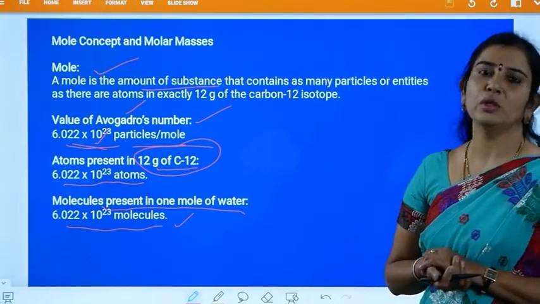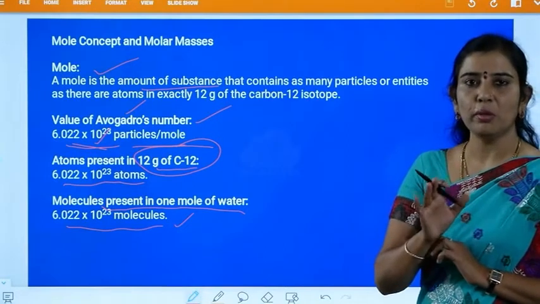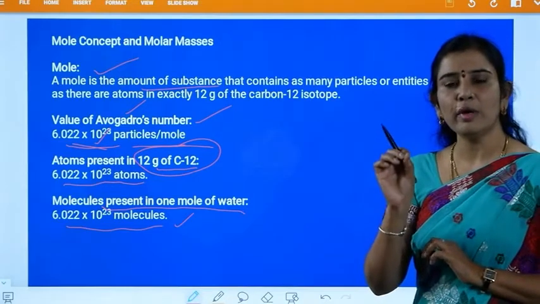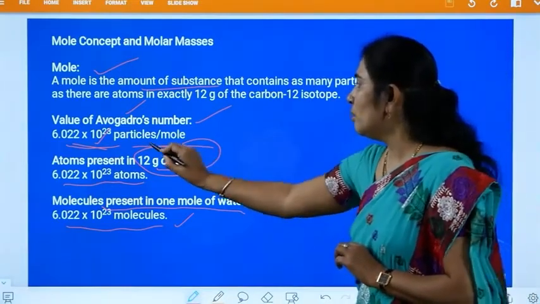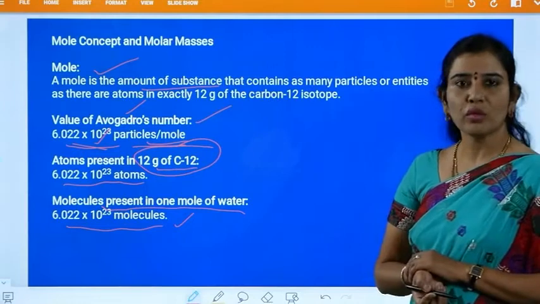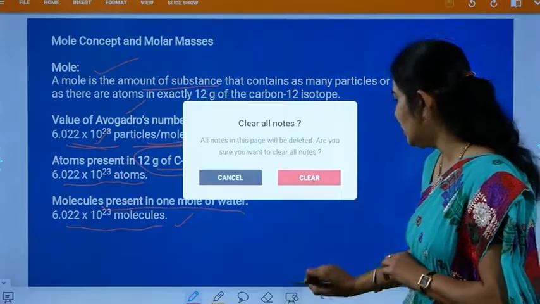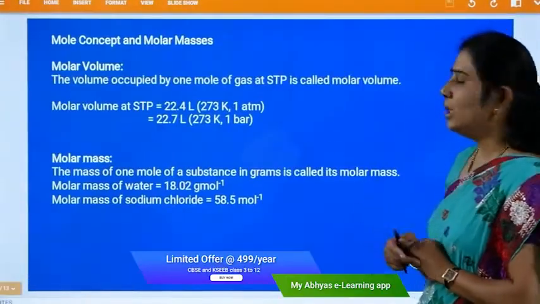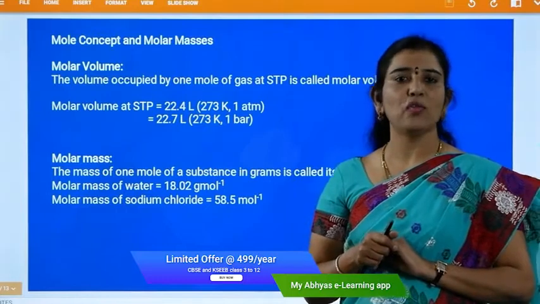So always remember, 1 mole means 6.022 × 10^23 particles per mole. So the mole concept plays a very important role in determining the number of atoms.